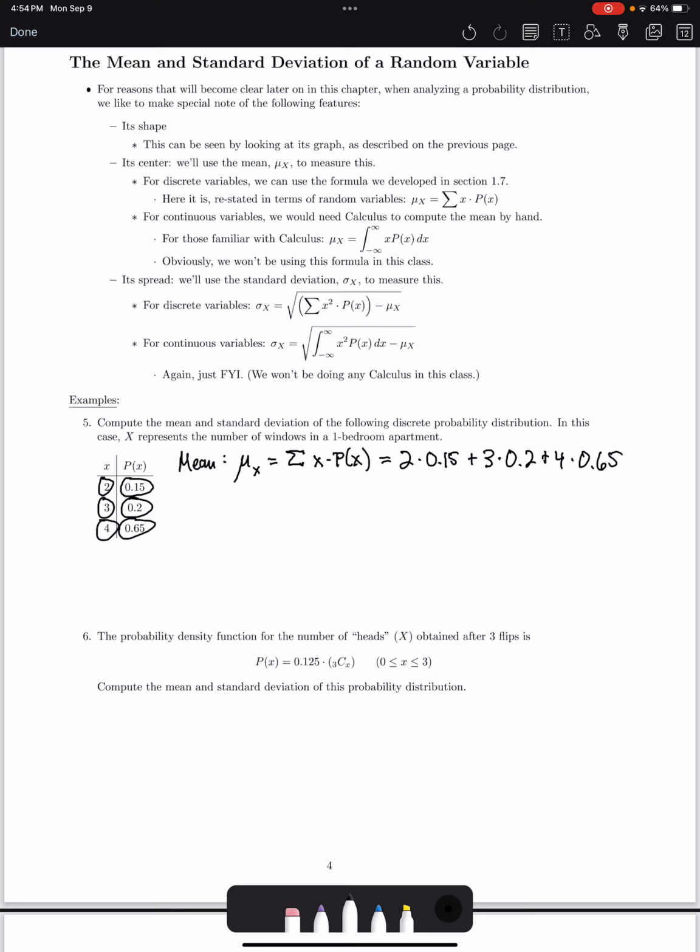And then you punch that into your calculator just exactly as it looks. Well, assuming that you're using a nice scientific calculator like the Desmos calculator. And then you get your answer. So let me punch it into mine real quick. 2 times 0.15 plus 3 times 0.2 plus 4 times 0.65 comes out to 3.5.